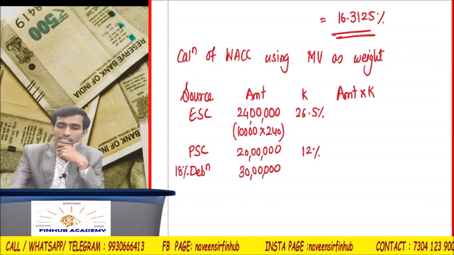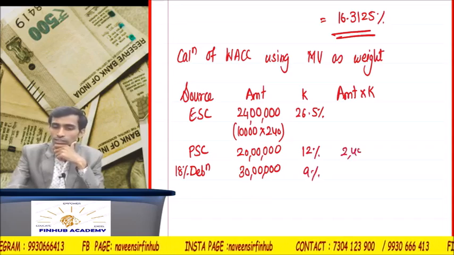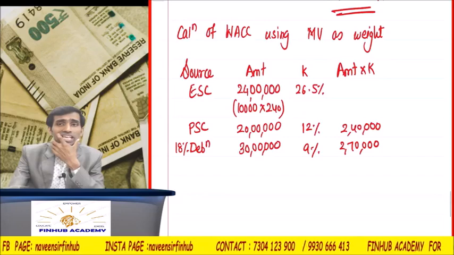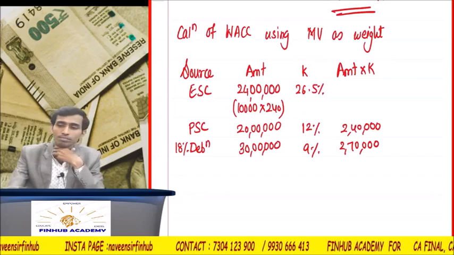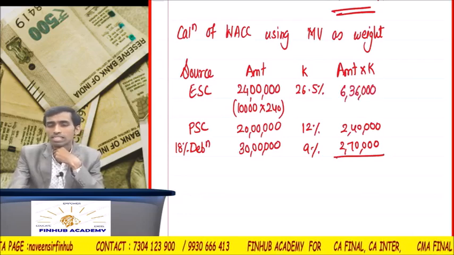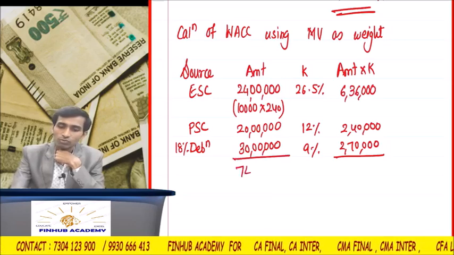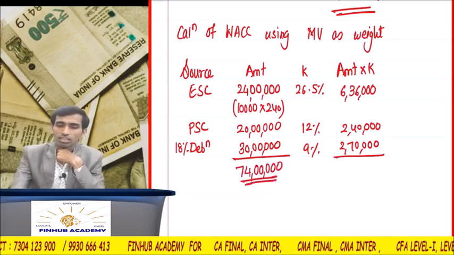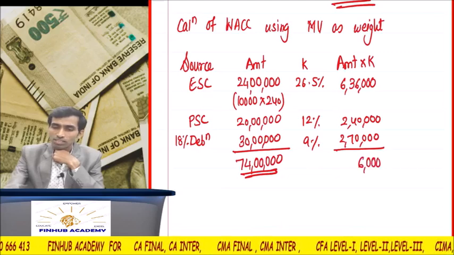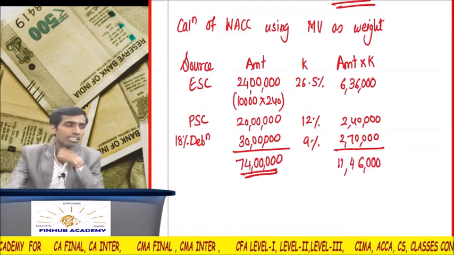Preference share capital is 12%, and this was 9%, so this will be 2,40,000 and this will be 2,70,000. 24 lakhs into 26.5% is 6,36,000. The total is 11 lakh 46,000.